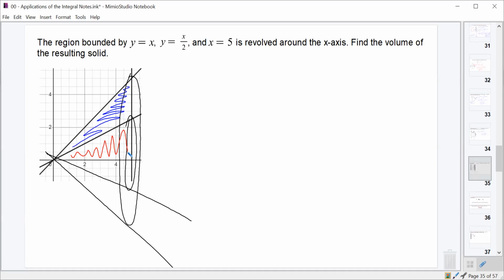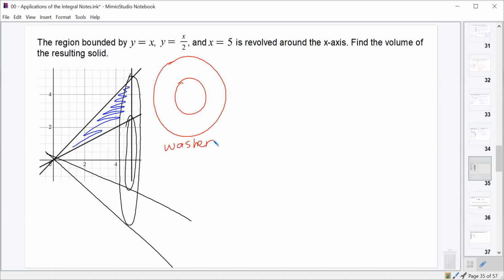So what we've got here is actually a cross-section that looks like a circle with another circle cut out of the middle. All the other ones were just discs, and we call those the disc method when we use pi r squared. These look like washers, so we're going to call this the washer method.